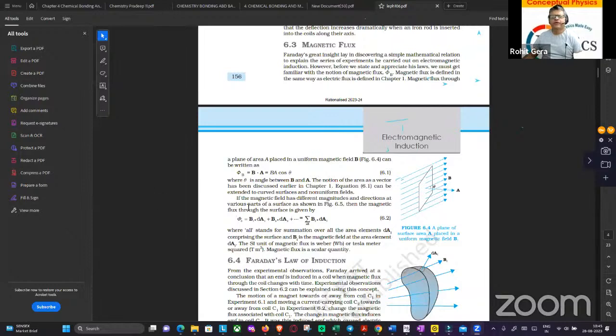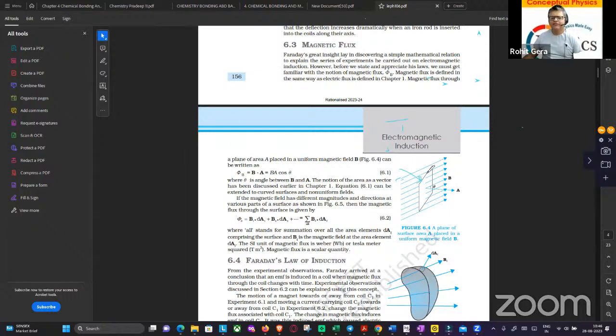Okay, so if you notice, if you have this area, which is shown to be some area A, maybe a coil.